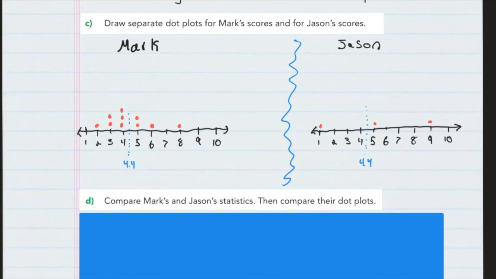So we had 9, 5, 1, another 1, 2, 8, another 9, 2, and 1, and a 6. So another way to do it is to also count how many dots you have. So we have 1, 2, 3, 4, 5, 6, 7, 8, 9, 10. So we have 10 dots for Jason, and we have 10 scores. So those numbers look to be just about right.